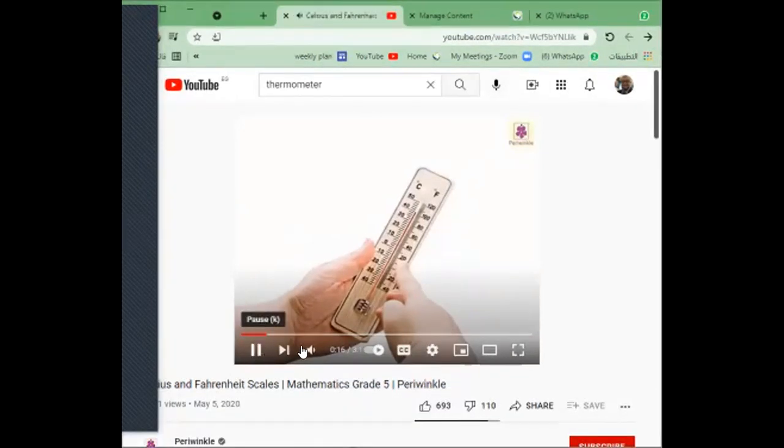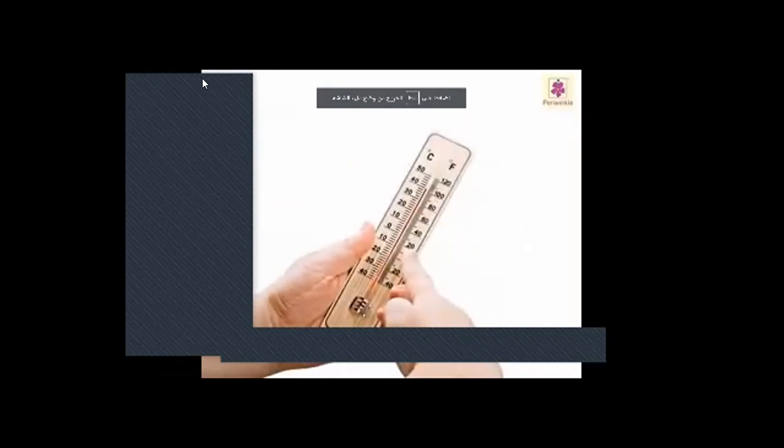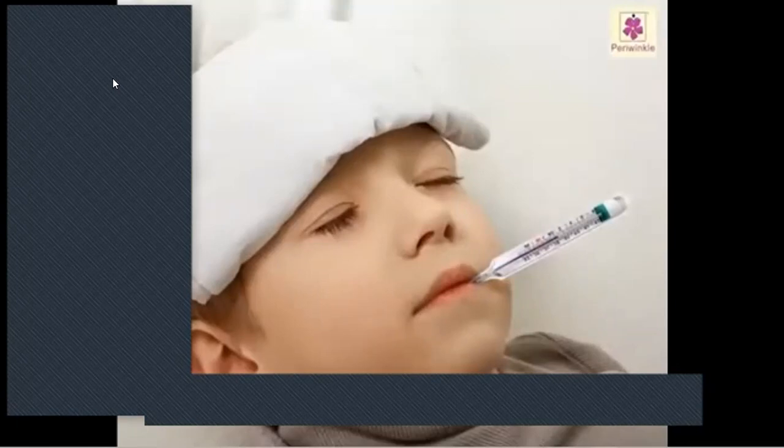Today, let us learn about Celsius and Fahrenheit scales. Temperature is the degree of heat present in a body, environment, or an object.